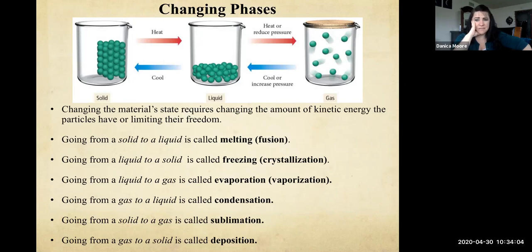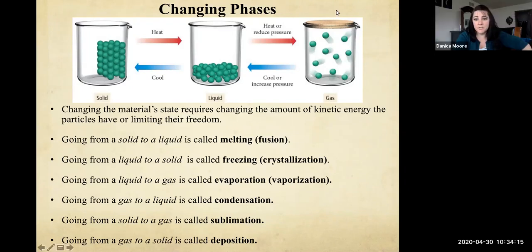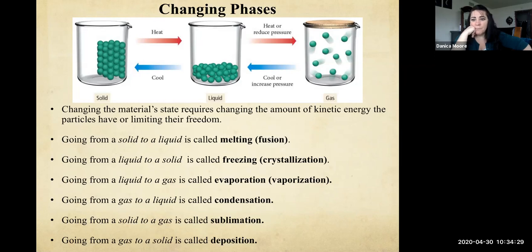Does that make sense? You guys with me? So if you have to give them energy to go from a solid to a liquid, is that endothermic or exothermic? Endothermic, absolutely. So melting is endothermic.